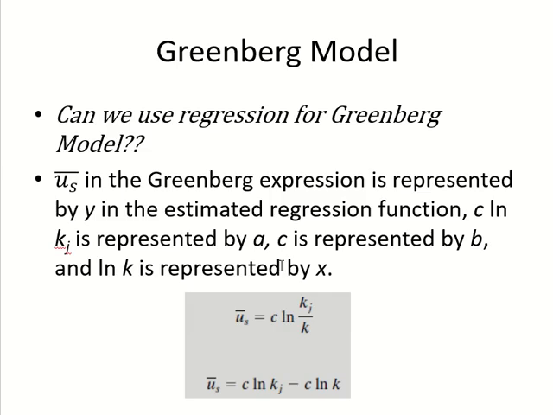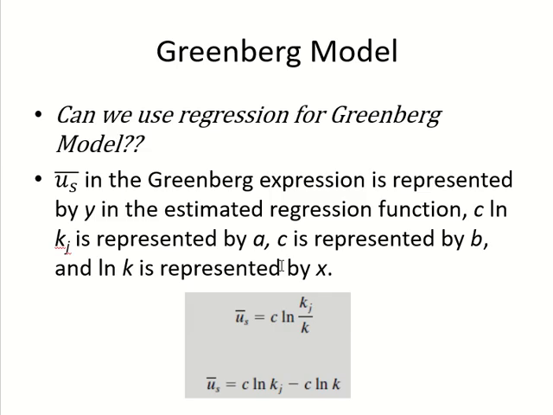Now we look here. This can be split into two parts. This is the property of natural log: anything in the ratio of natural log can be split like this. So now you see it looks something like y equals a plus bx.